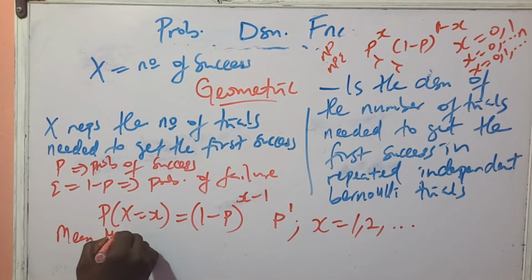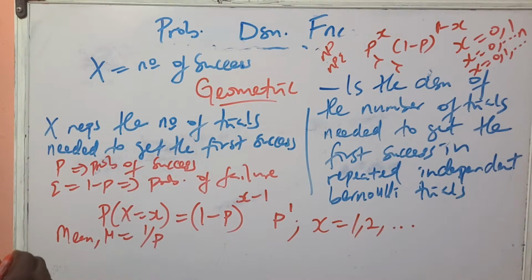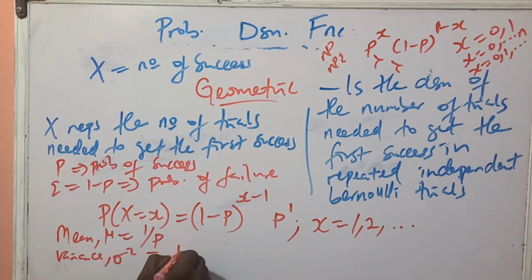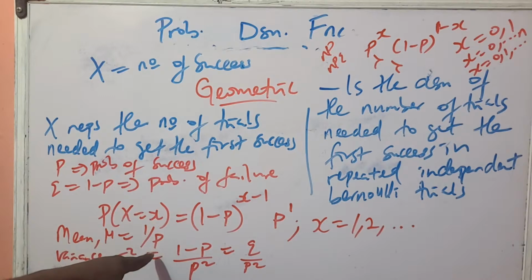The mean here is given as 1 over p, and the variance, which we write as sigma squared, is given as 1 minus p over p squared. Of course, the variance would have been q over p squared, because you know that 1 minus p is obviously q. So you have to note this. This is the mean and variance of a geometric distribution. Mean is 1 over p. Variance is q over p squared.